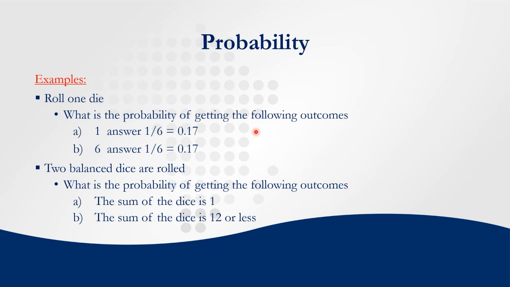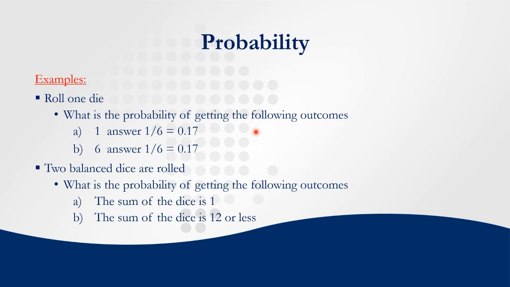If I roll a die, I know that the probability that it lands on 1 is 1 out of all the possible outcomes. I have 6 possible outcomes, so the probability will be 1/6. And the probability that it lands on a 6 as well, 6 is just one outcome out of how many? 6 possible outcomes. So then the probability will be 1/6.